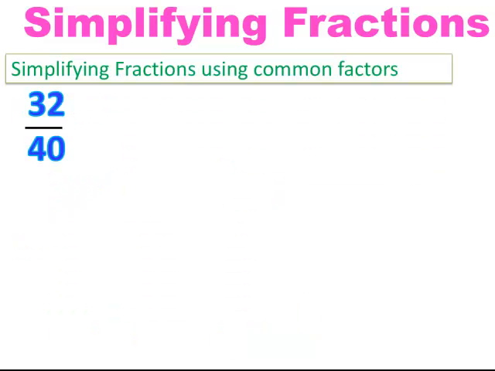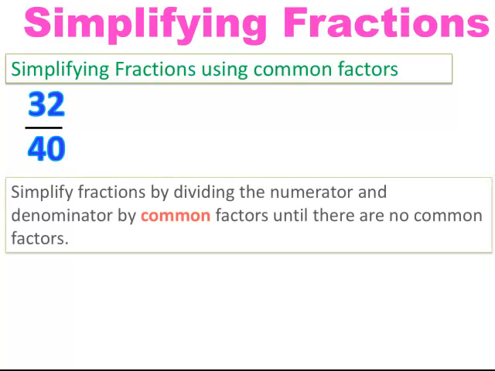So simplifying fractions. When you're simplifying fractions, you're using common factors. To simplify fractions, divide the numerator and the denominator by the common factors until they no longer have any common factors. I have this example here of 32 over 40, and I want to simplify the fraction.